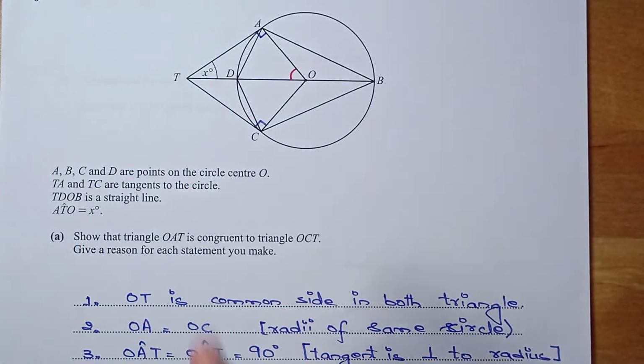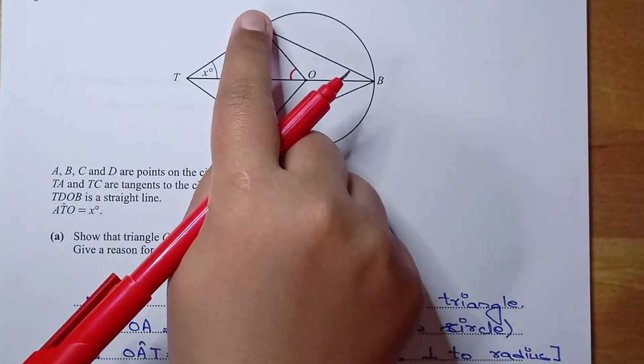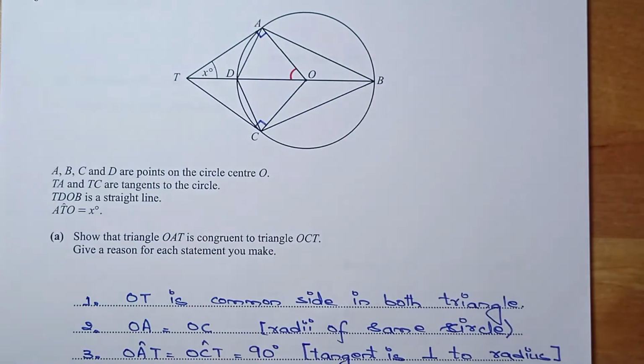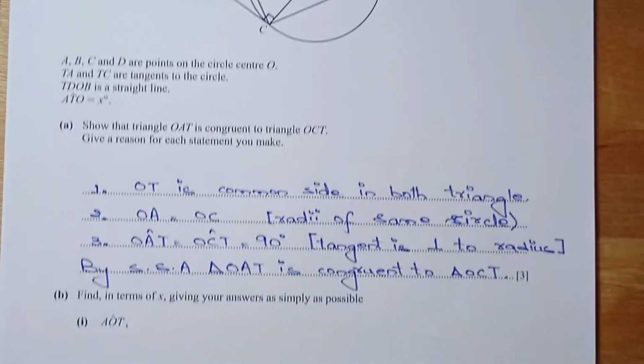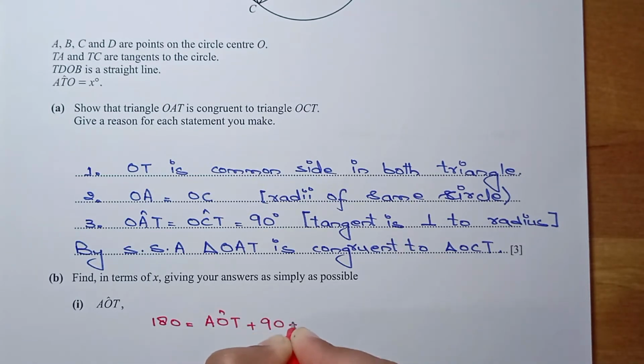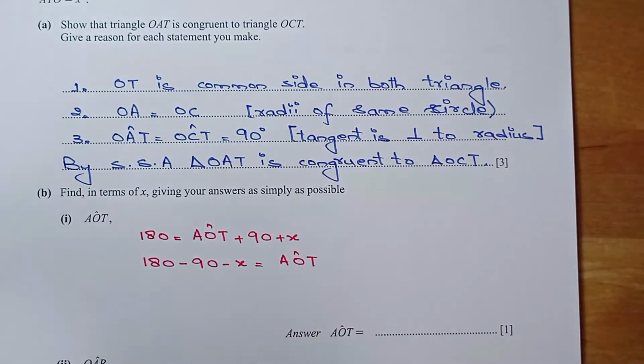Considering triangle AOT, this angle is 90 and this angle is x. The sum of all angles of a triangle is 180, so 180 equals angle AOT plus 90 plus x. So 180 minus 90 minus x equals AOT, which is 90 minus x degrees.